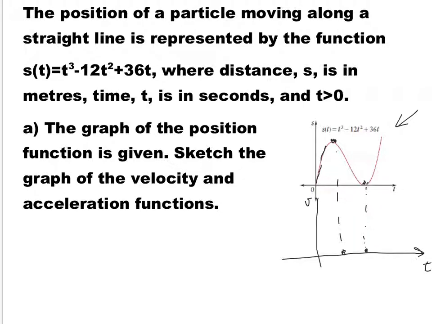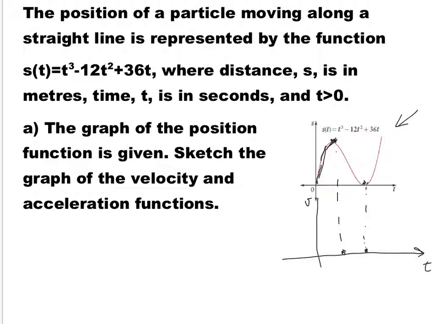Now, if we draw the tangent to the graph at these points, you can see that the slope of the tangent is positive, and it starts with some value here at the origin, and it gets closer and closer to 0. Since the slope of the tangent is positive, this part of the displacement graph is going to correspond to positive y values.